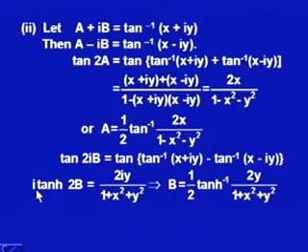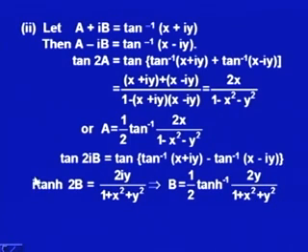On the left hand side I will have i times tanh 2b, because tan 2ib is i times tanh 2b, and from this I can say b is equal to 1 upon 2 tanh inverse of 2y divided by (1 + x² + y²).